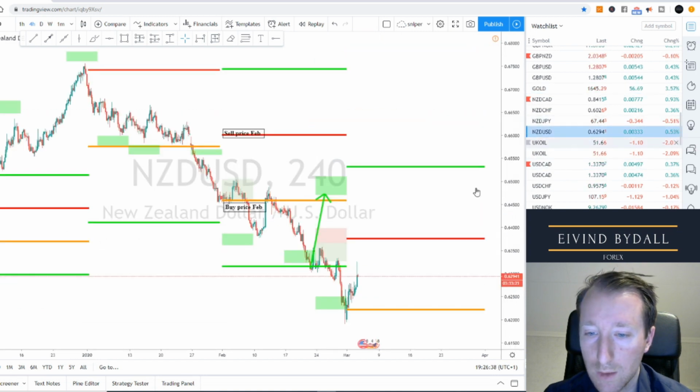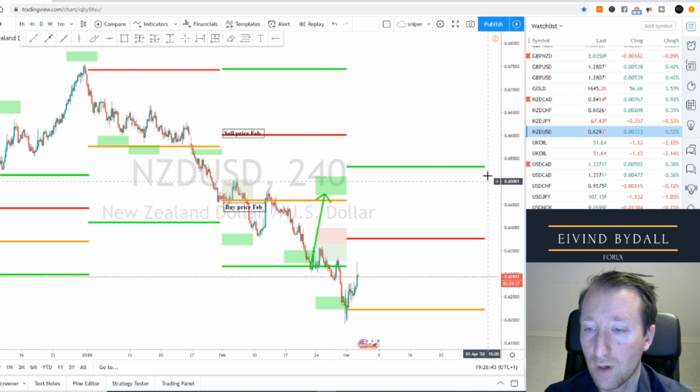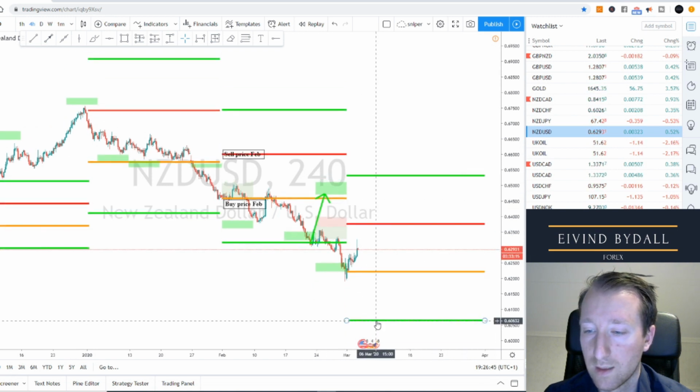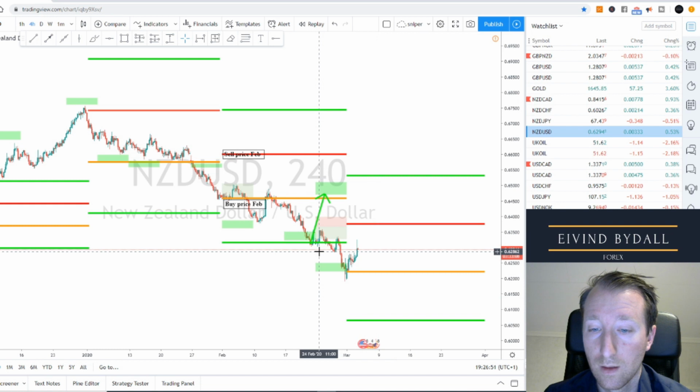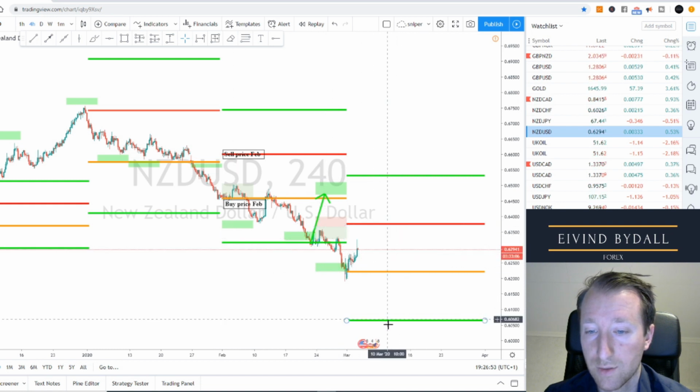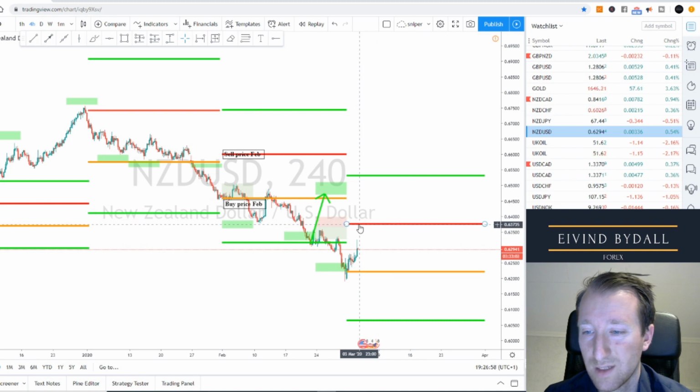New Zealand dollar, we are trying to make a new high, but I think this is just another sell price. I think we'll head down to 63. This is just another pullback to sell again. And this is the sell price. If it ever comes up to 63.70, it will.